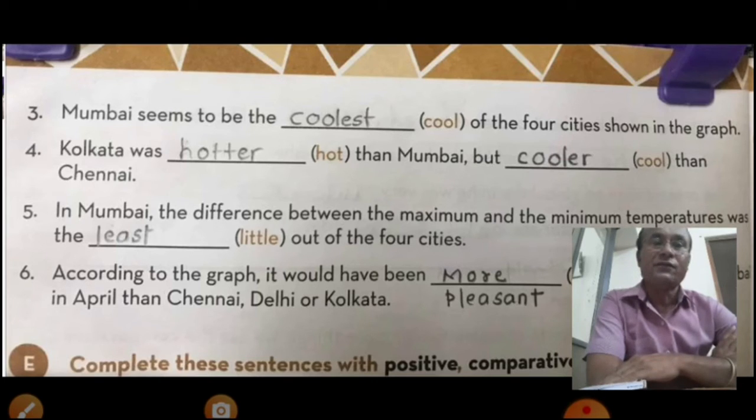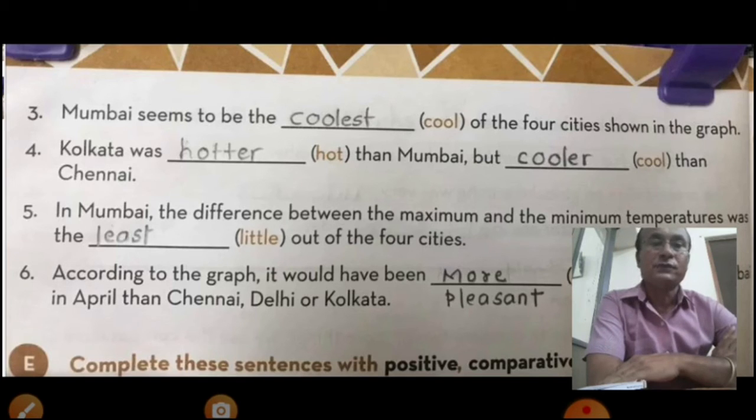That's why we use the comparative degree or an adjective which is formed from comparative degree. Cooler and hotter. Very easy to put there, as than is given there.